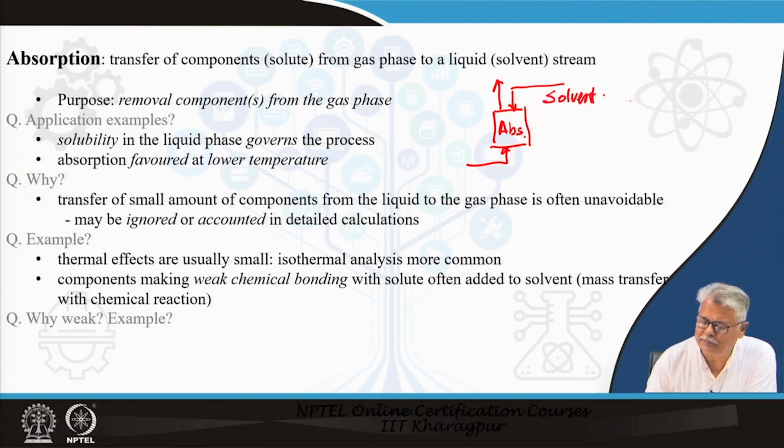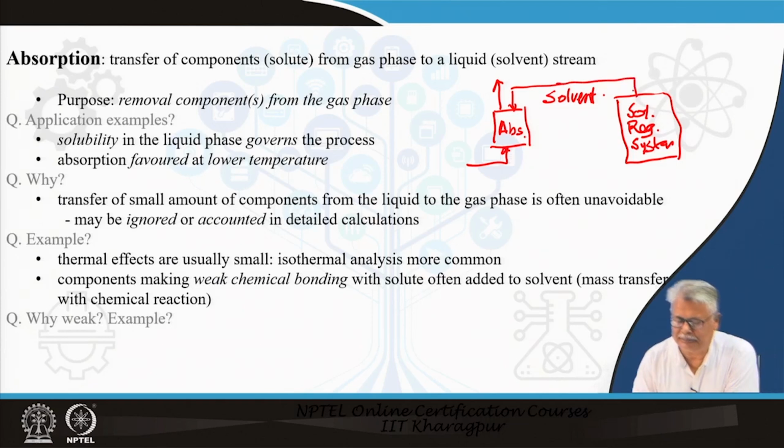And where does it come from? Possibly from a solvent regeneration system. So, I am drawing here another block, solvent regeneration system. And this is what is supplying the solvent to my absorber.